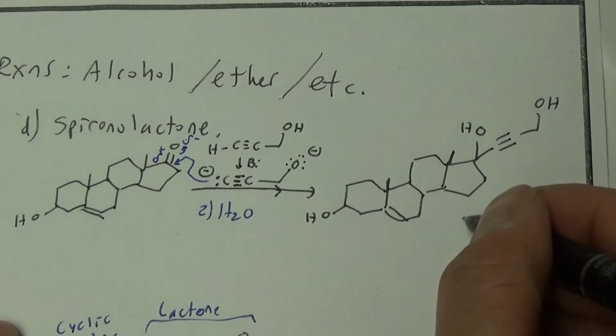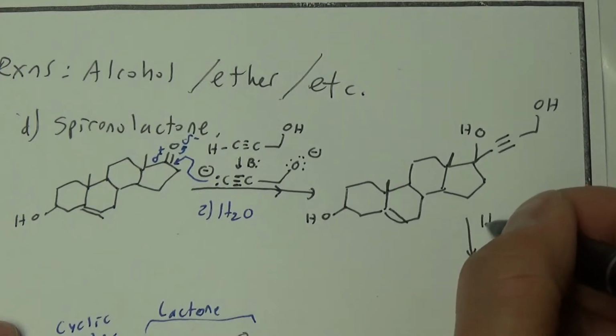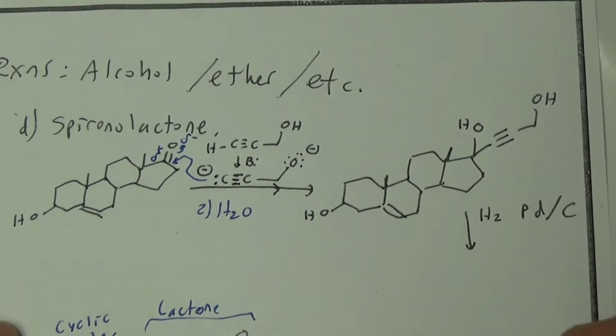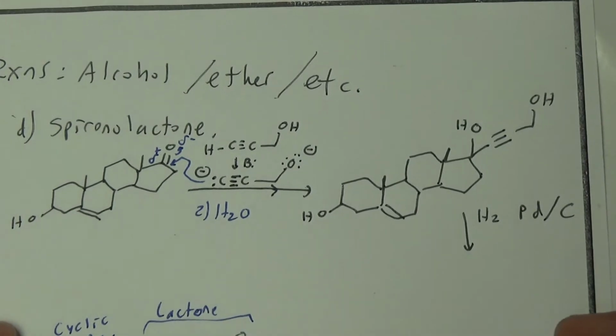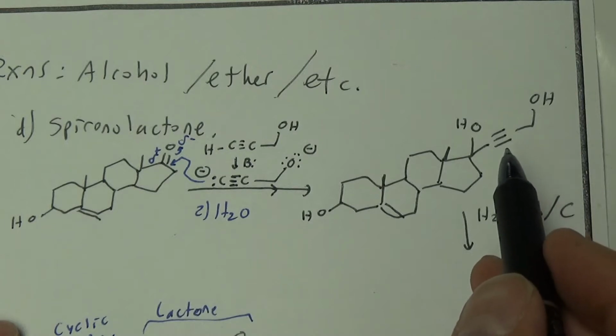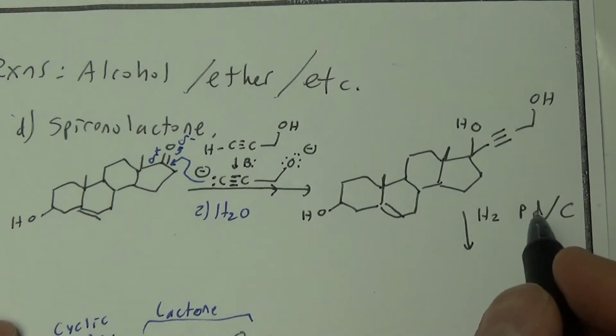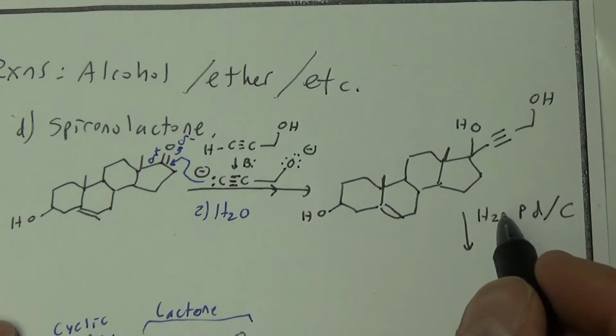Interestingly, the next step is H2 and palladium on carbon, and what this does is it reduces the alkyne. This is a reaction from organic 1, maybe we teach it in organic 2.